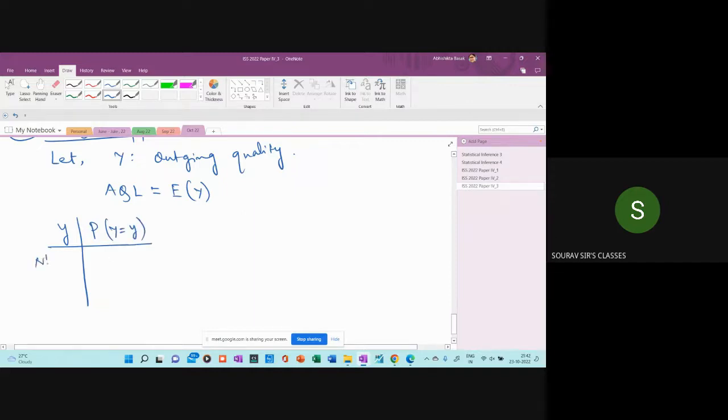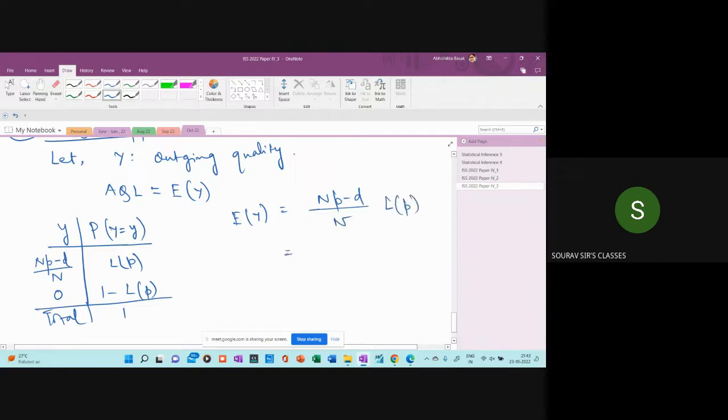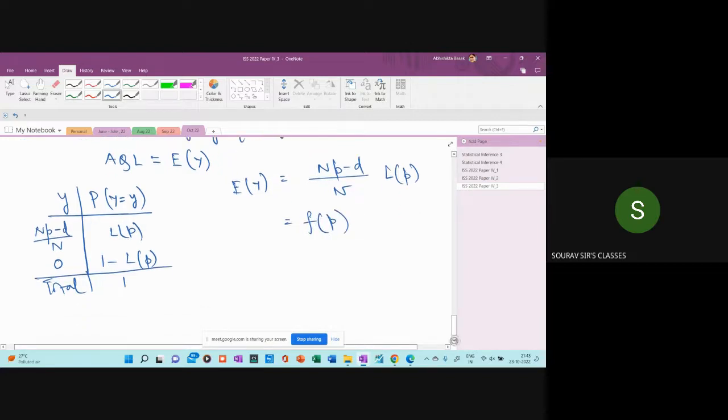This is (N minus n)P minus D by capital N, where D is the number of non-conforming items, or 0. This has probability 1 minus L of P, and this is my L of P. Total probability is 1. So expectation of Y is equal to (N minus n)P minus D by capital N into L of P, which I define to be a function of P.